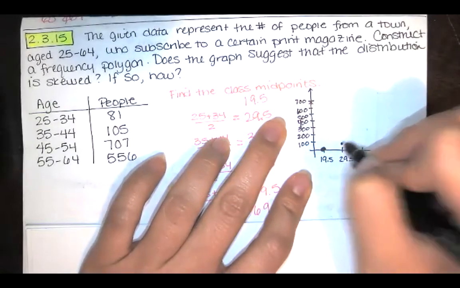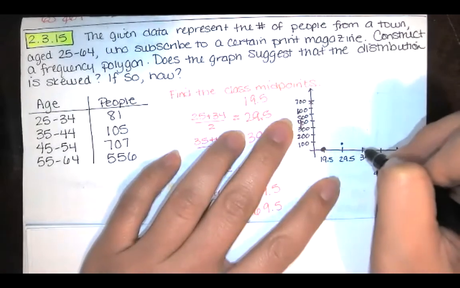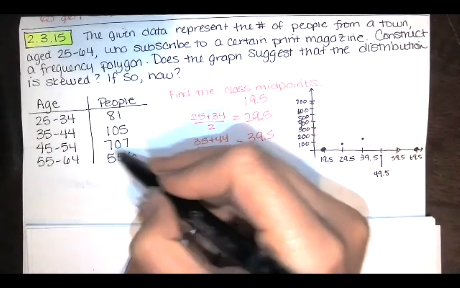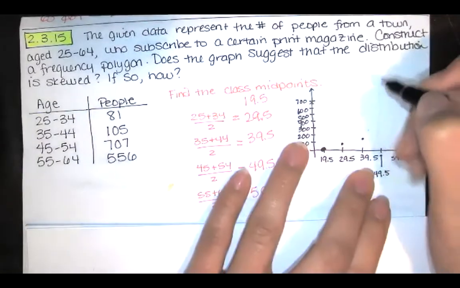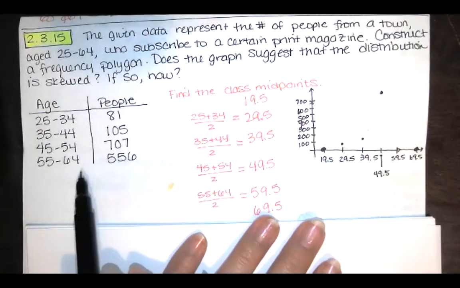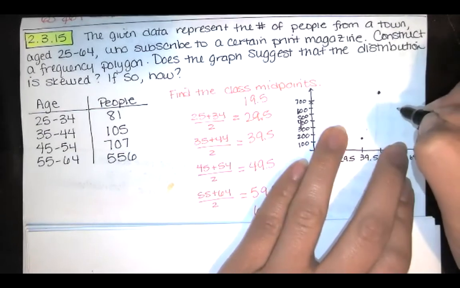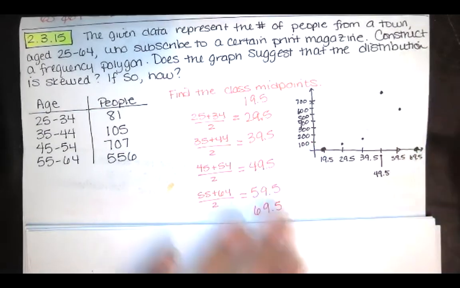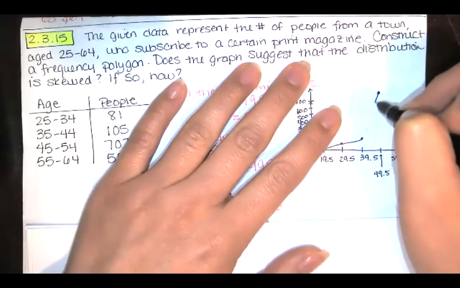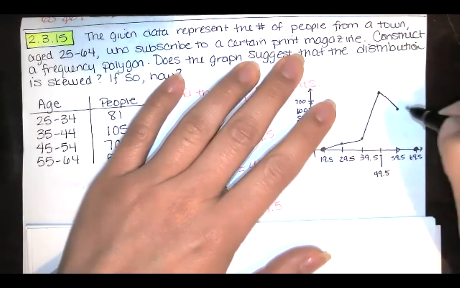So I'll plot that point there. For 39.5, there are 105 people. For 49.5, there are 707 people. For 59.5, there are 556. And then we're back to 0. So this is our frequency polygon. You just connect those with line segments. You start at 0 and you end at 0.